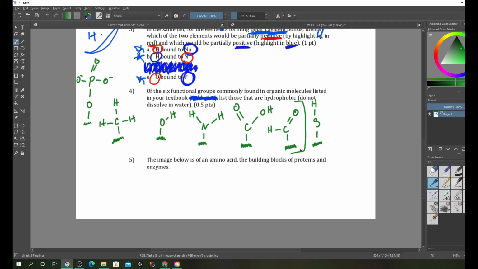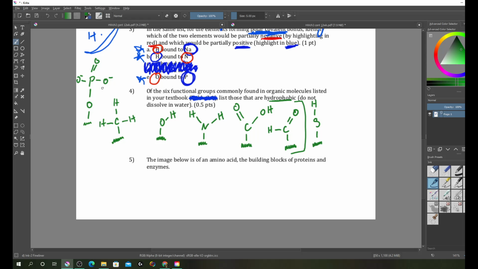molecules. So the question is, which of these are hydrophobic or do not dissolve in water? A hydrophobic molecule has no clustering of electric charge, which means the electrons are spread out evenly over all the protons, which means there's equal sharing. Hydrophobic functional groups and hydrophobic molecules always have equal sharing of electrons. To figure out which ones are hydrophobic, you again have to look at the electronegativity chart and see whether all of these are equal.